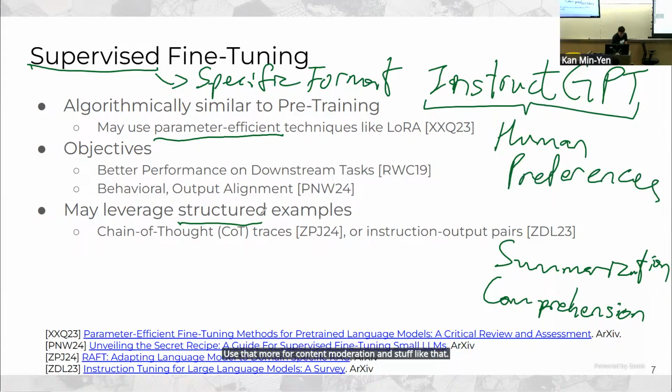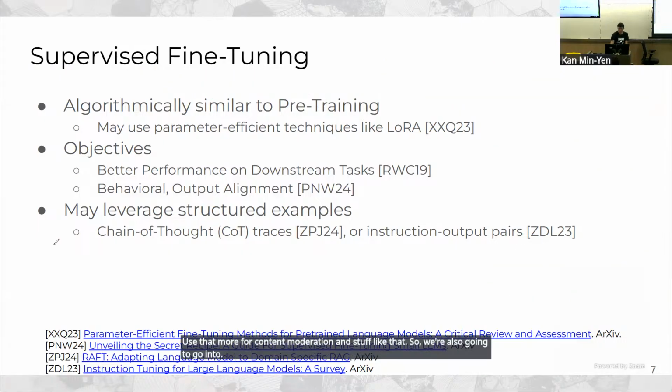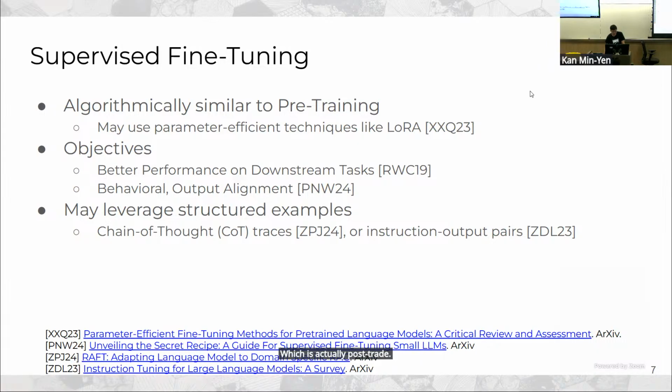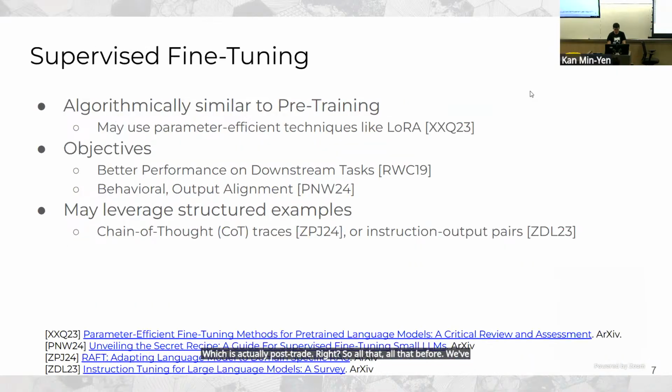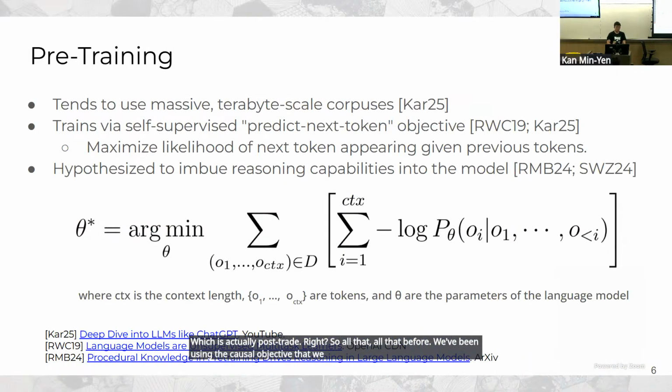So we're also going to go into one of the more recent additions to the training pipeline, which is actually post-training, right? So all that before, we've been using the causal objective that we established in pre-training.